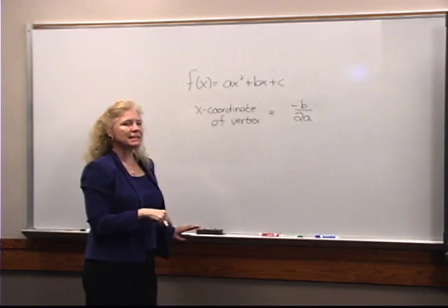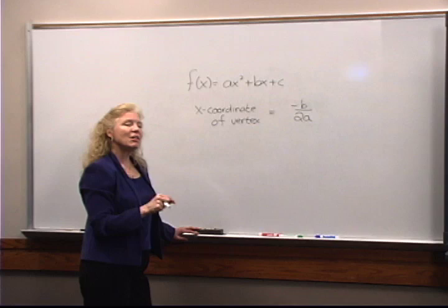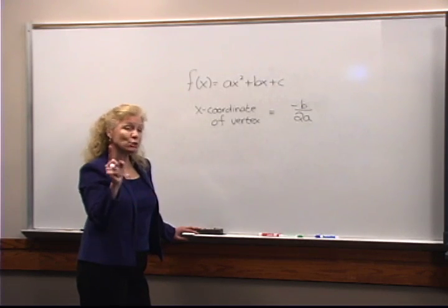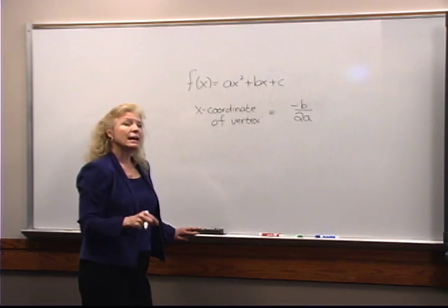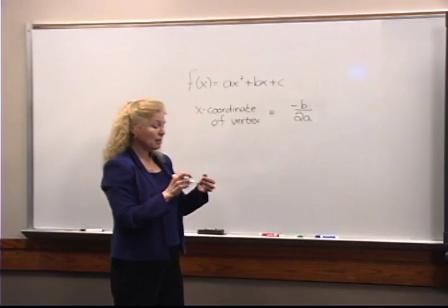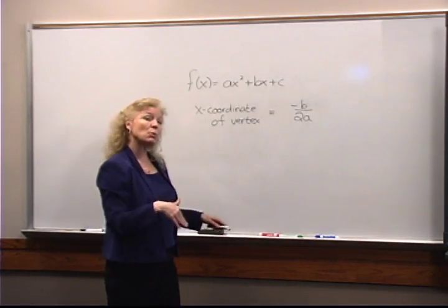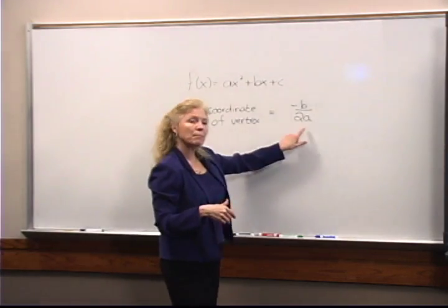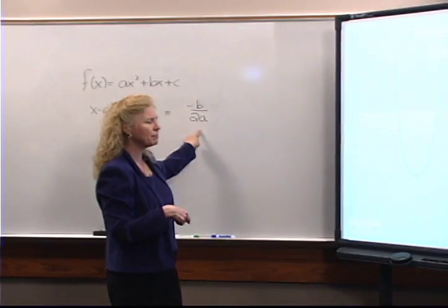Now, where have we seen that negative b over 2a in the past? We saw that in the quadratic formula. I told you at the time that you'd see that negative b over 2a again, and here's where it pops up. That will give you the x-coordinate. By the way, if you want, go back and watch when I did that completing the square, and you'll see why my vertex has an x-coordinate of negative b over 2a.